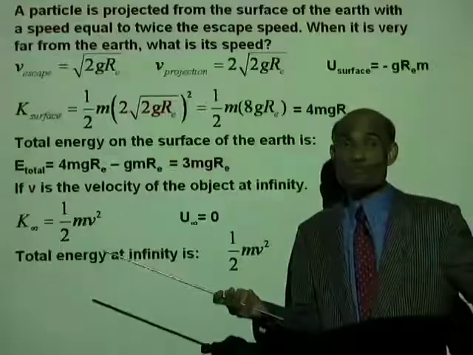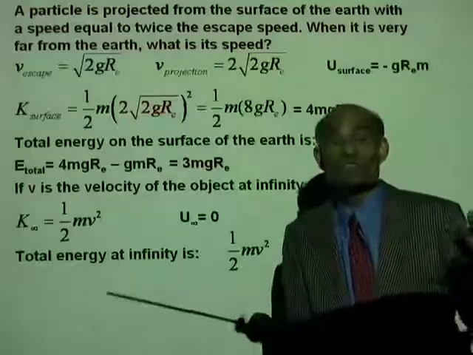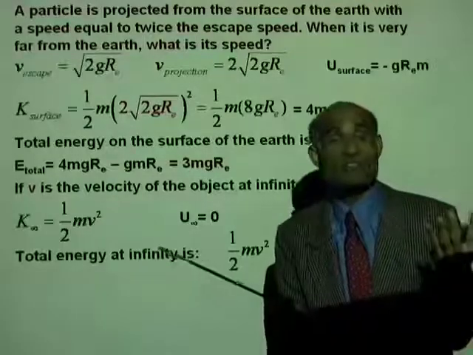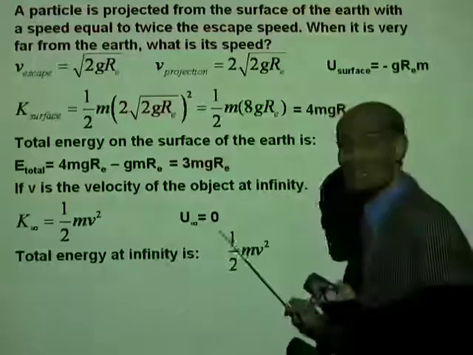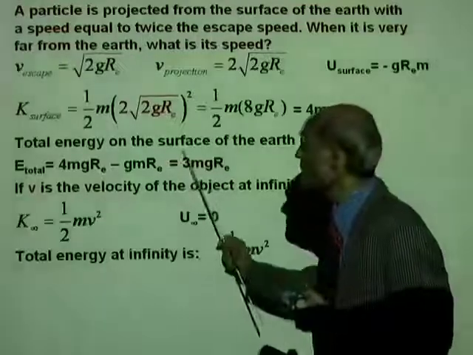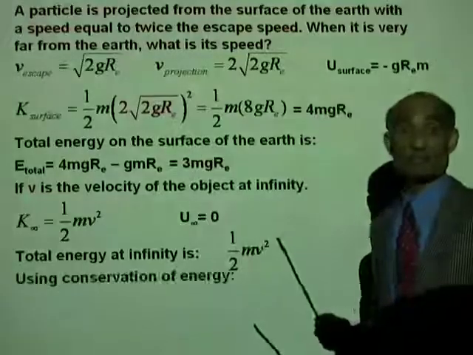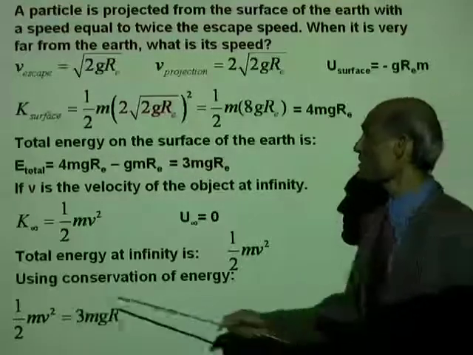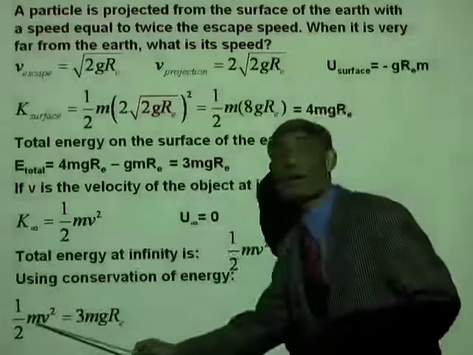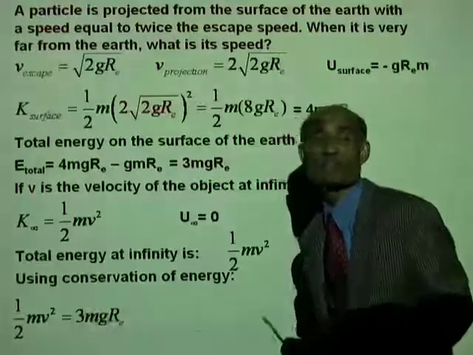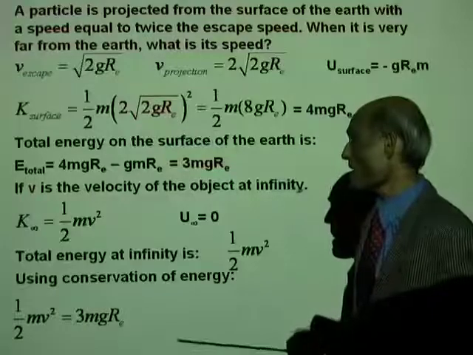You can see all these problems are solved using conservation of energy. The total energy at infinity must be equal to the total energy on the surface of the Earth. So according to the conservation of energy, 1/2 mv squared equal to 3mGRE.